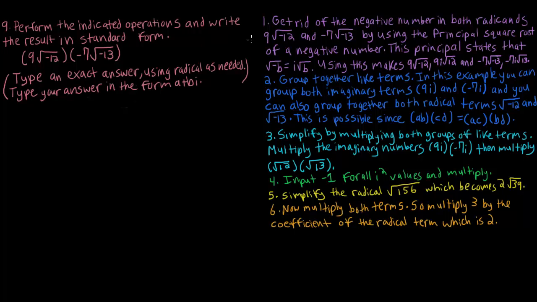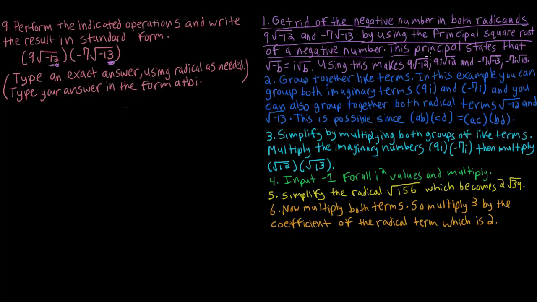So to start, step 1, we want to get rid of the negative number in both radicands. So in this case, you have negative 12 in this radicand and negative 13 over here. So I'm going to get rid of the negative number by using the principal square root of a negative number.